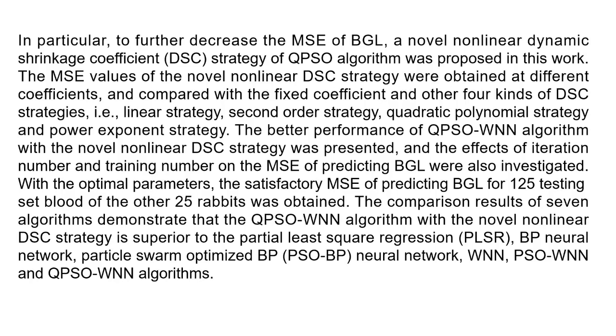The comparison results of 7 algorithms demonstrated that the QPSO WNN algorithm with the nonlinear DSC strategy is superior to partial least squares regression, that is PLSR, BP neural network, particle swarm optimized BP, that is PSO BP neural network, WNN, PSO WNN, and QPSO WNN algorithms.